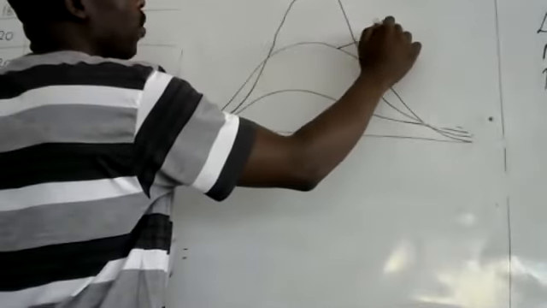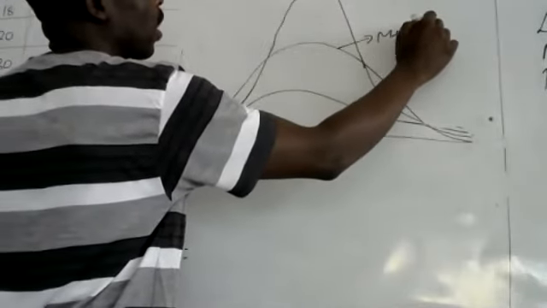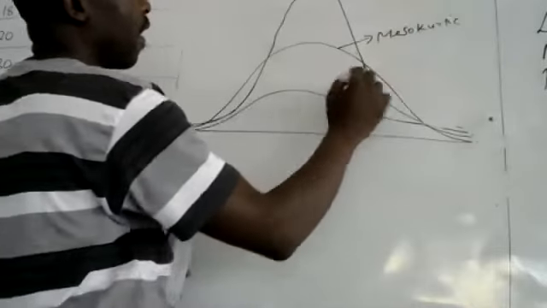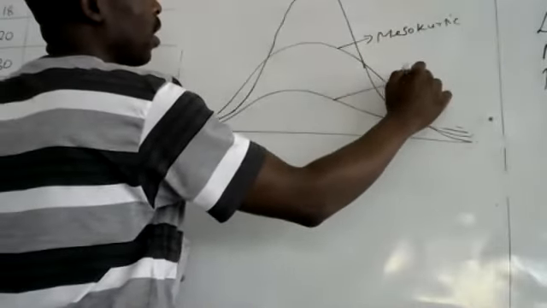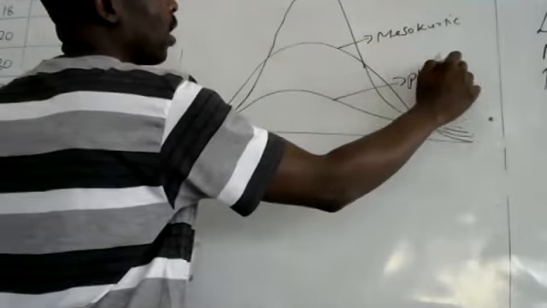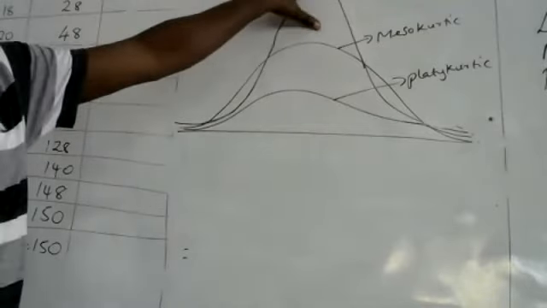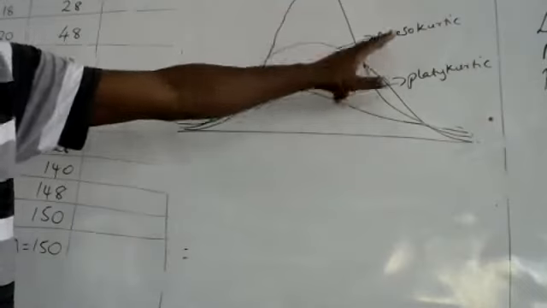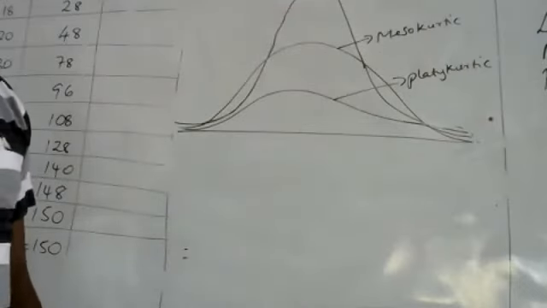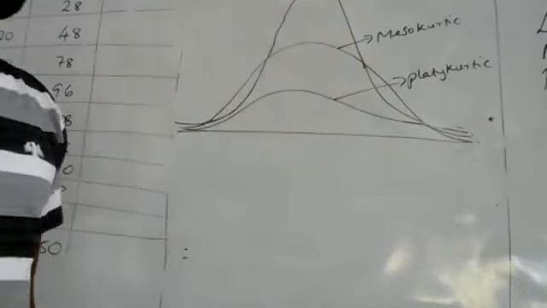This one will be mesokurtic, and this one is going to be platykurtic. You may be told to identify which is which. The highest and most sharp is leptokurtic, the moderate is the meso, and the most flat is the platy.